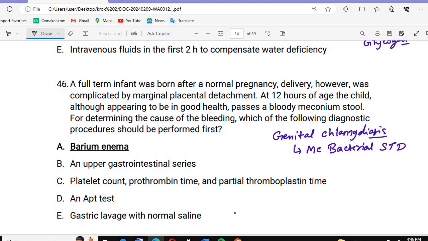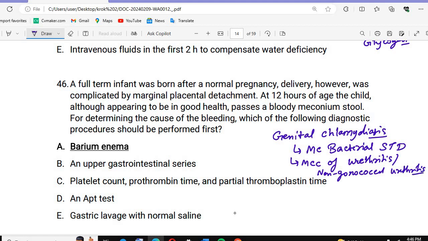Why do we treat both? Because it is a sexually transmitted disease and it can transmit to the male as well. That's why we treat both partners. Then it is the most common cause of urethritis, meaning inflammation of the urethra, which we call non-gonococcal urethritis.